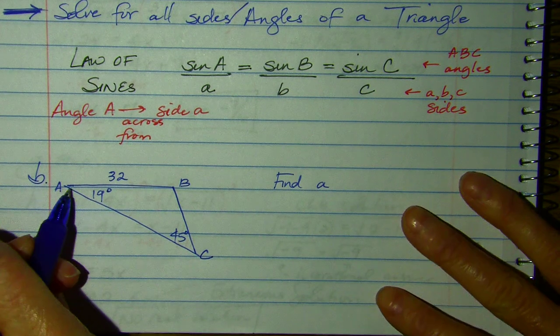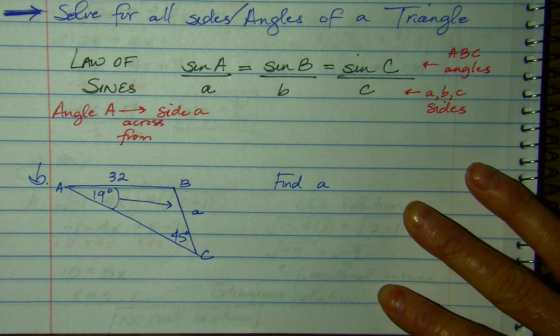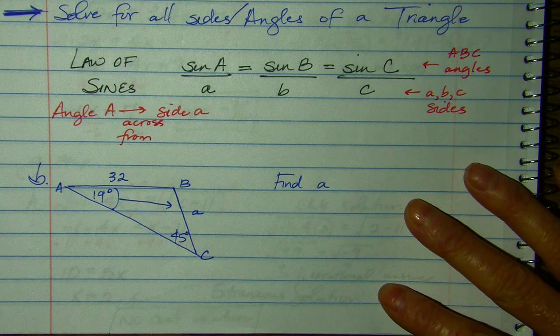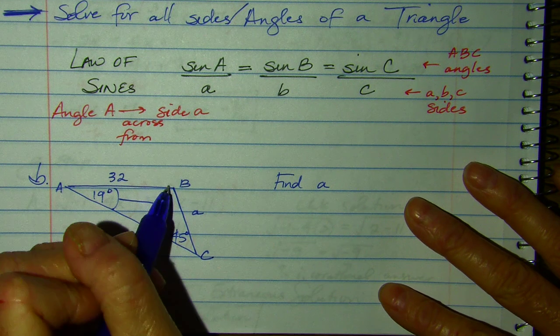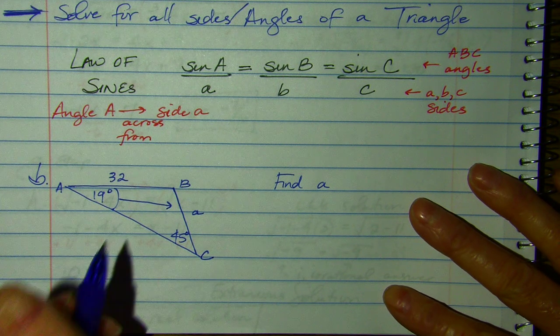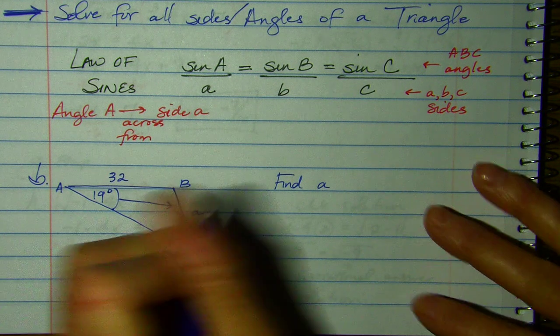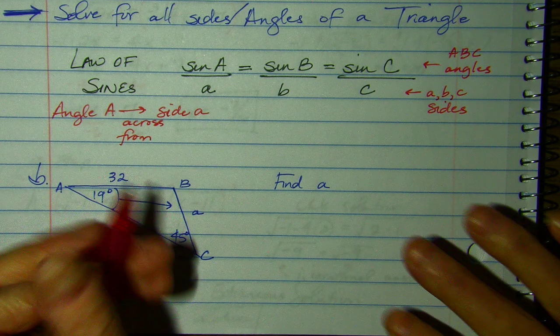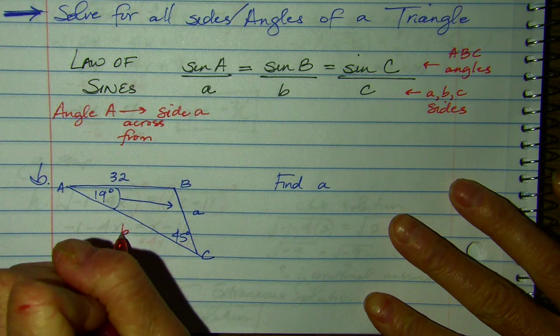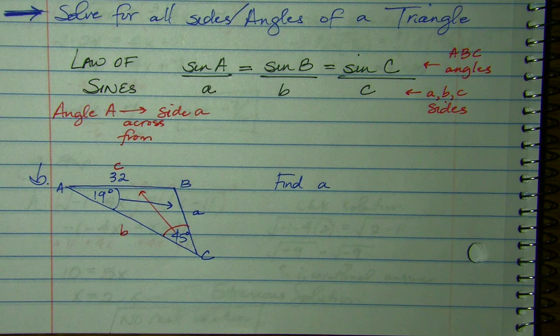Now, if this is angle A, then the side across from it will be side a. If this is angle B, then over here would be side b. So they should be opposite of one another. If this is angle C, then this would be side c. They will always be across from one another.